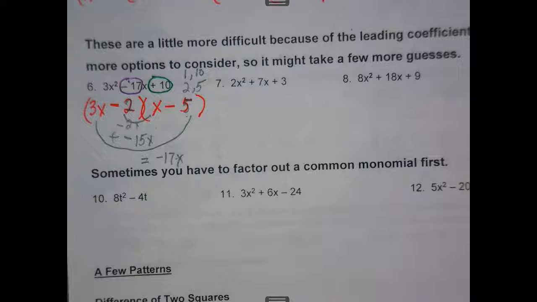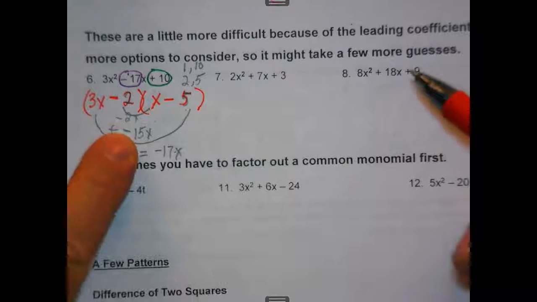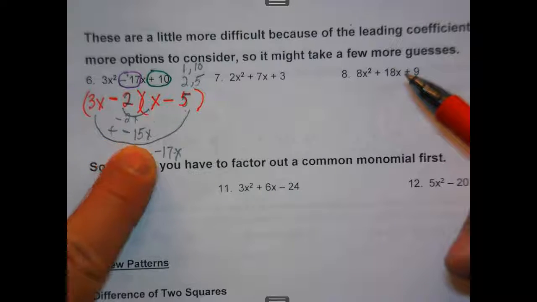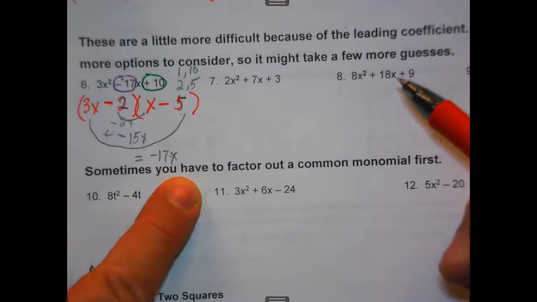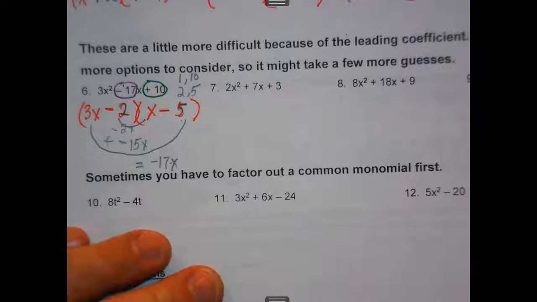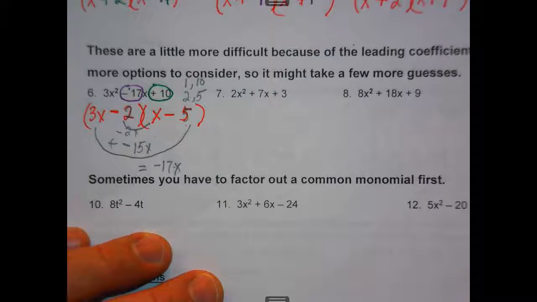So I don't mind if you do. Negative 2x plus negative 15x equals negative 17x. Okay. These can get really bad. Can I what?